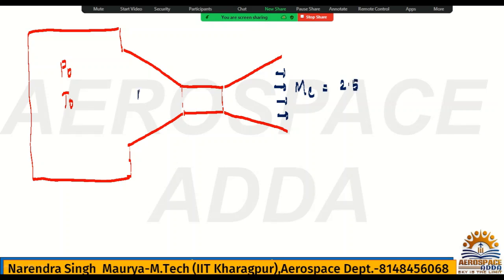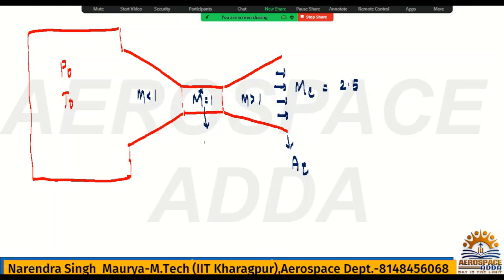Obviously here Mach is less than 1, here M is greater than 1. This area will be the exit area AE, and the throat will be M equal to 1, which is nothing but A star.